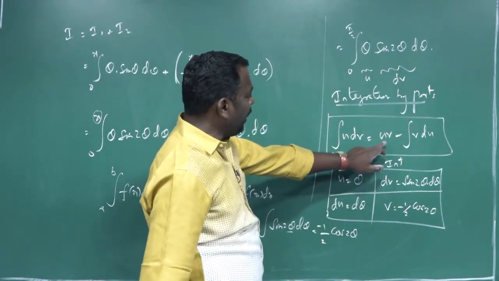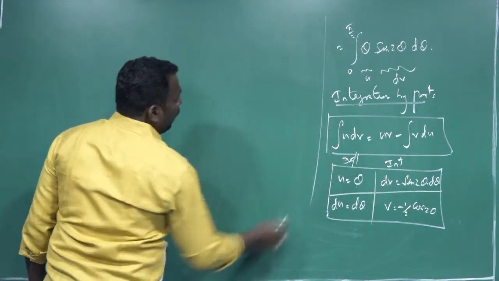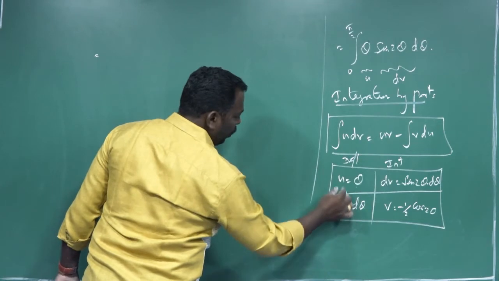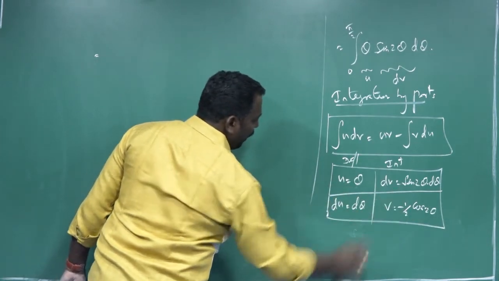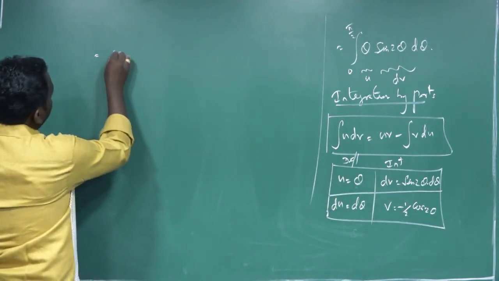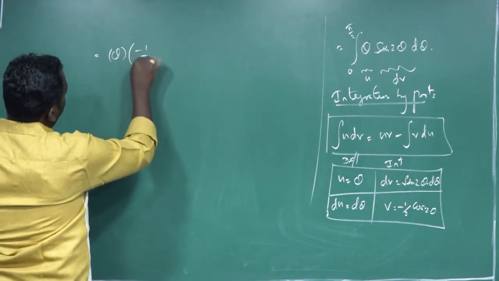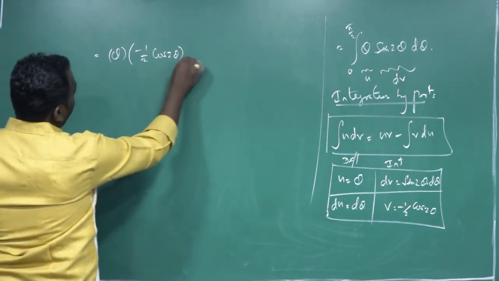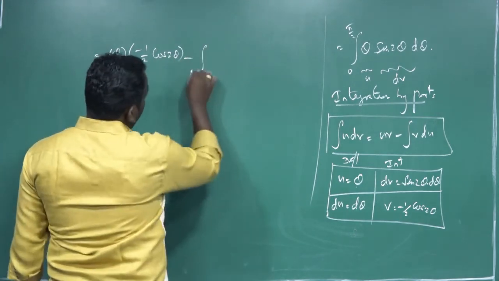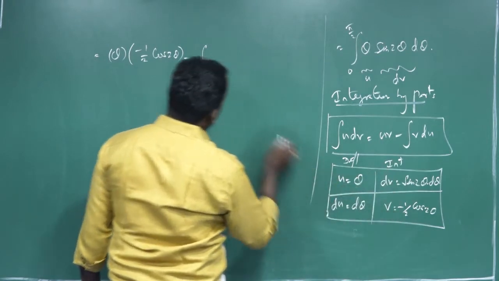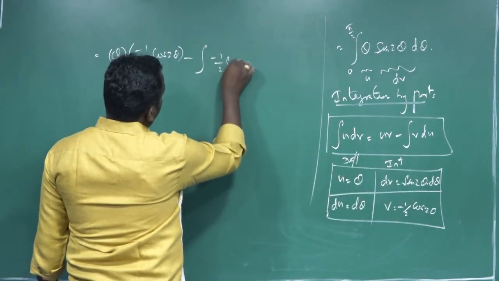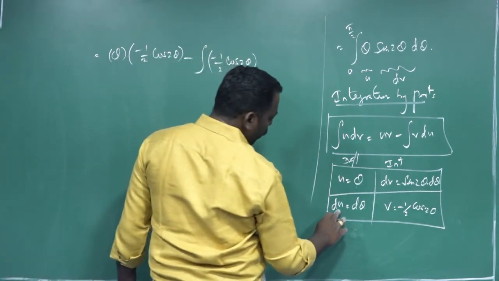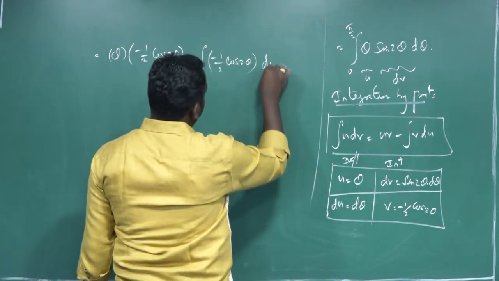Now applying integration by parts, that is equal to the first term u into v. What is u? u is theta, v is minus 1 by 2 into cos 2 theta. So u into v, minus then the integral of v into du, v equal to minus 1 by 2 into cos 2 theta, and du is d theta.